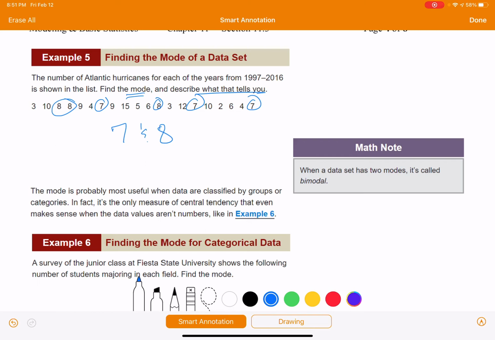If we are looking at the number of Atlantic hurricanes for each of the years from 1997 to 2016, that's about 20 years. So over 20 years, the most common number of Atlantic hurricanes was 7 and 8. So 7 to 8 hurricanes.